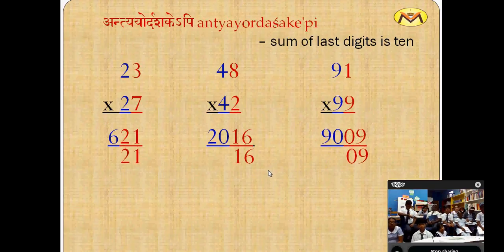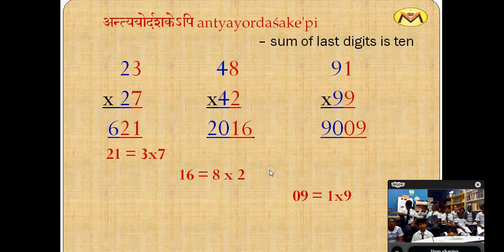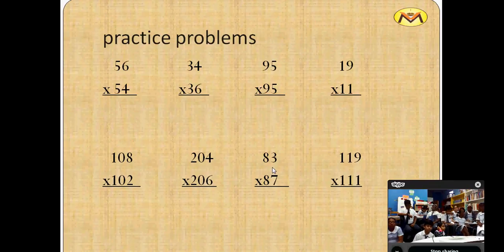Okay, so this is another Upasutra that is dealt with over here. For the interest of time, we'll skip this part and try to do some quiz. Okay, so here we have eight problems, but I don't want you to do the last 4. I just want you to try the first 4. 56 times 54, 34 times 36, 95 times 95, and 19 times 11.